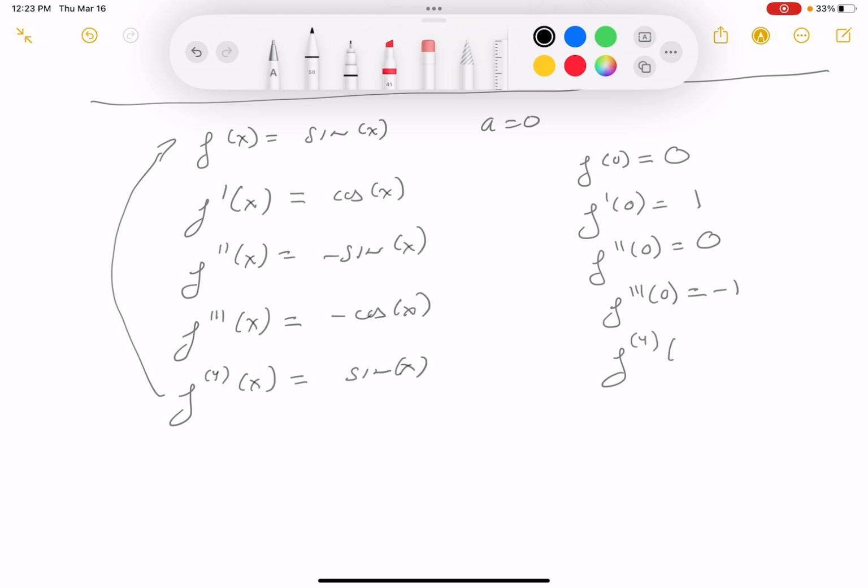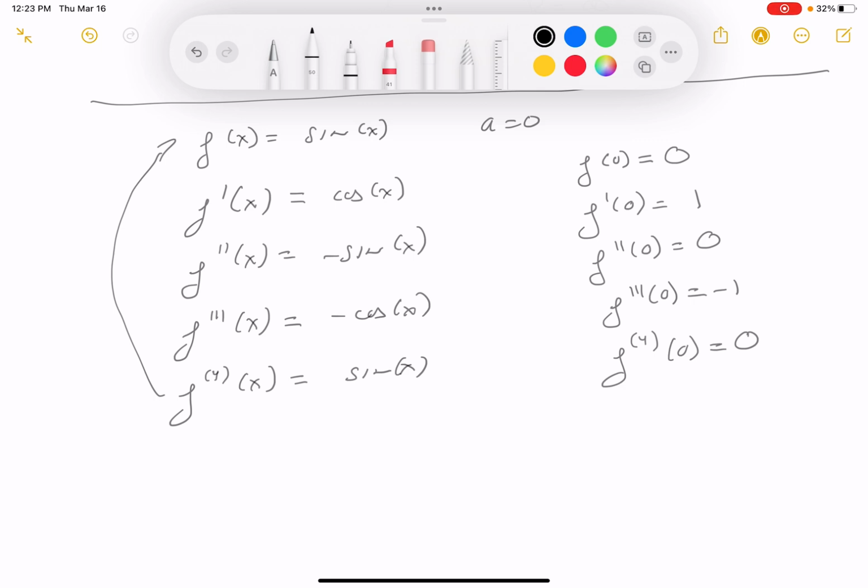F4, the fourth derivative at 0, is going to be 0. All right? And it just keeps repeating itself. What do I mean by that? What's the next number going to be? 1, and then 0, then minus 1, 0. So I got an idea now that I can predict this forever. Let me erase this stuff over here. I know the prediction for it.